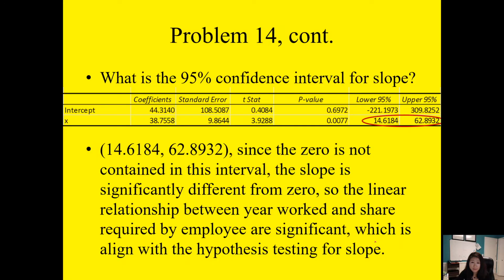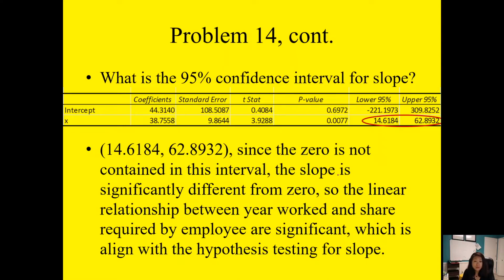Let's finish this part. Since 0 is not contained in this interval, the slope is significantly different from 0, so the linear relationship between years worked and shares acquired by the employee is significant, which aligns with the hypothesis testing for the slope. This is the second method you can use to test the significance of the sample model and population model.